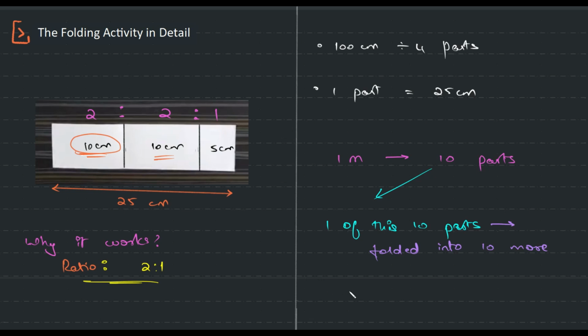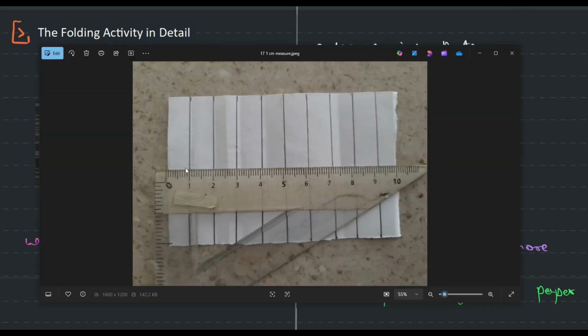And this eventually gave us what? 100 parts. Forget about everything else. Forget about the unit. We are getting 100 parts of the entire length, entire paper. And one of that is 1 centimeter.